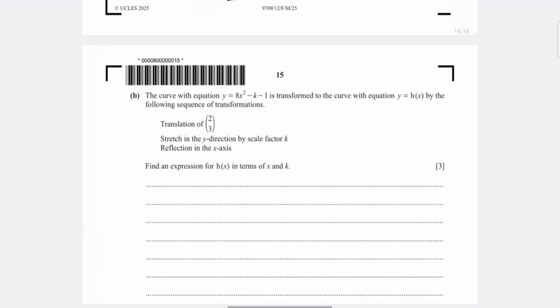The first one being a translation of vector (2, 3), followed by a stretch in the y direction by scale factor k, which is followed by a reflection in the x-axis. Then the question says find an expression for h of x in terms of x and k.